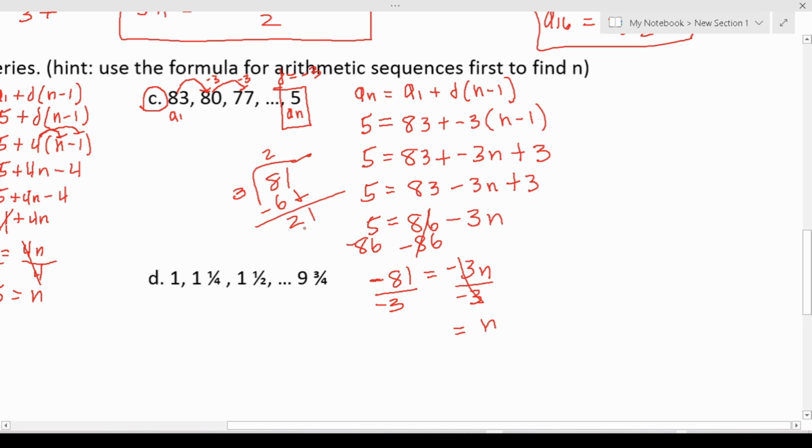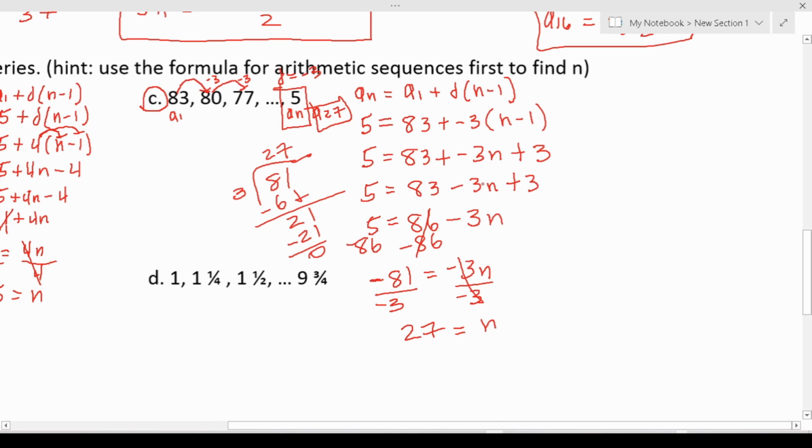Drop down our 1. 3 goes into 21 7 times without going over. 3 times 7 is 21, so we can see there's no remainder. In other words, n equals 27, so we know this 5 is a sub 27, or it's the 27th term in this sequence, our series.